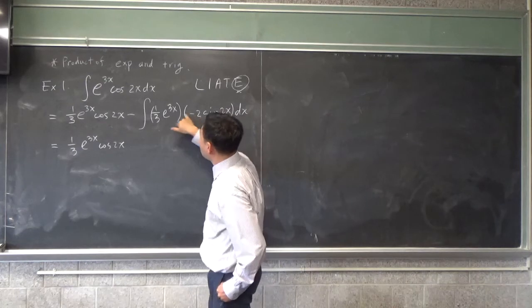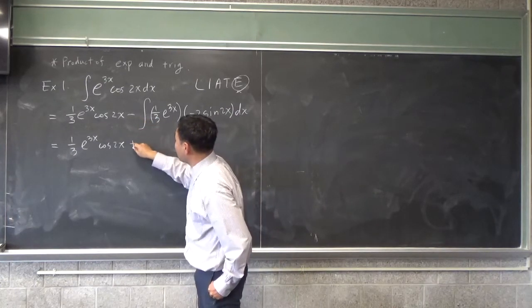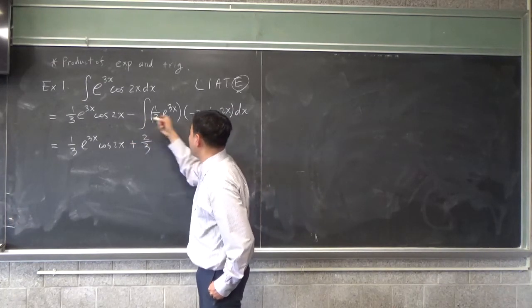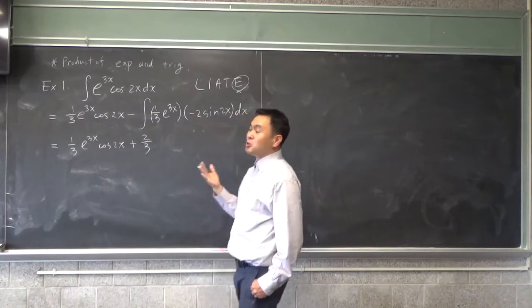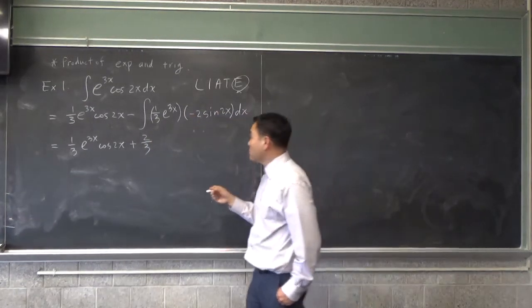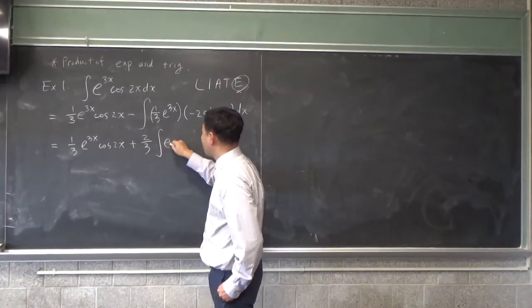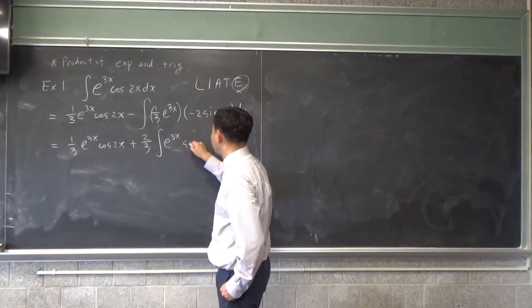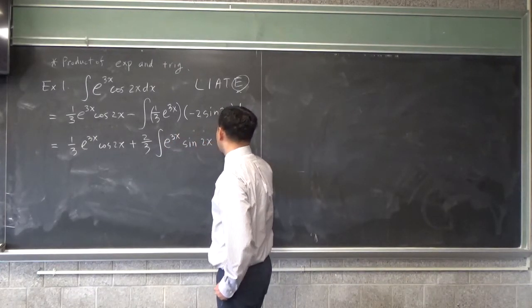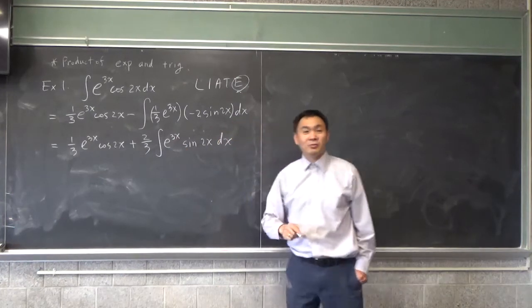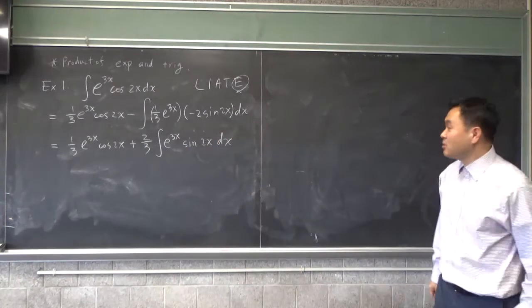So, negative 2 times negative 1/3 is plus 2/3, right? Negative times negative is positive. And you really want to pull out these constants in front of the integral so that it's easier to integrate. Okay, so we still have a product of two functions.